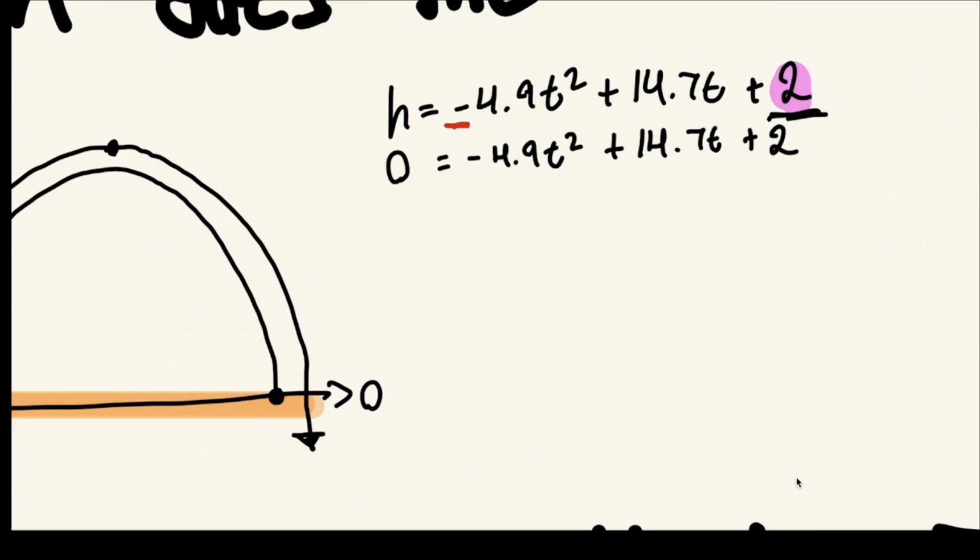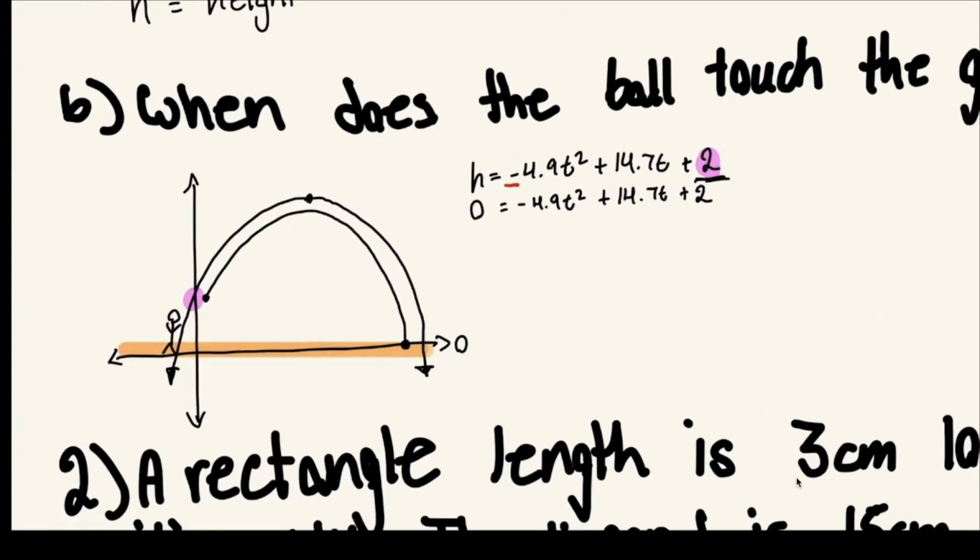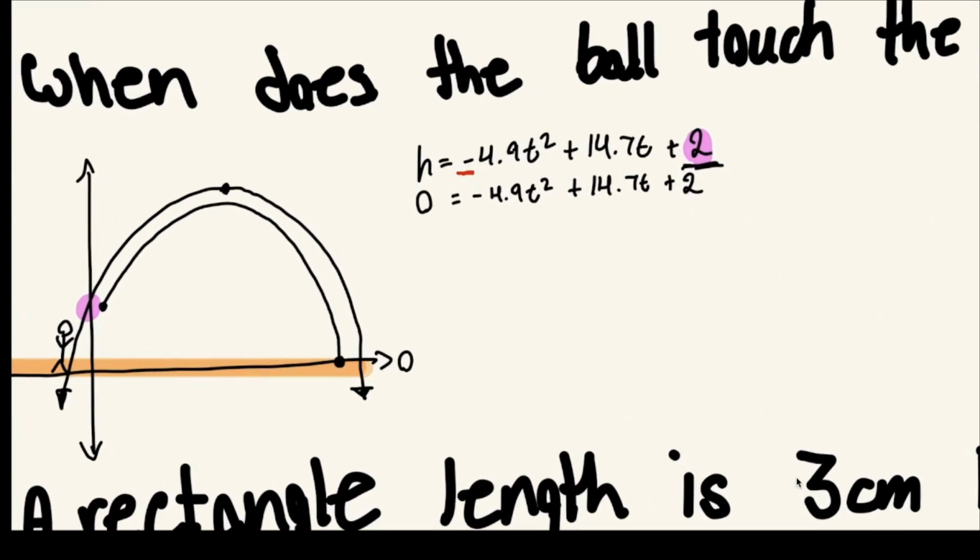And that's kind of what we're solving for. We're figuring out what the time will be when it touches the ground. After how long will it touch the ground? And so to isolate for t or solve for t, we have to use the quadratic formula or factor it.